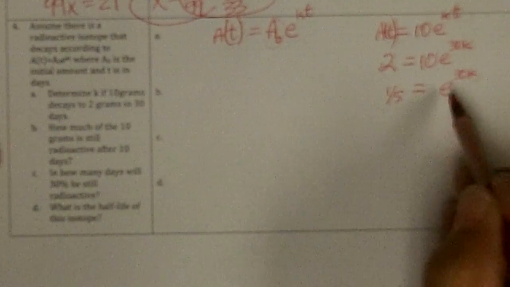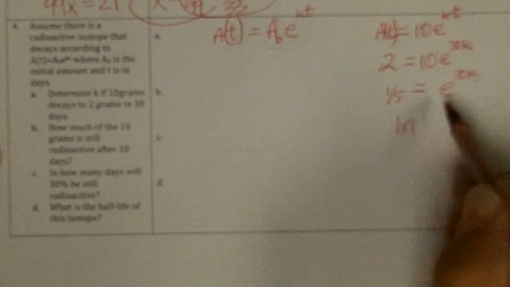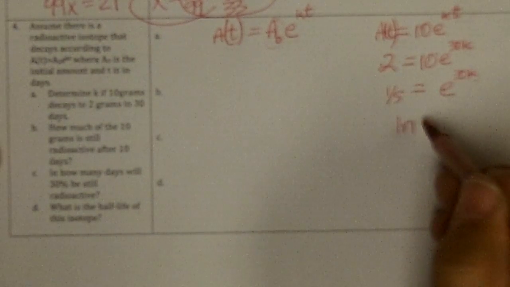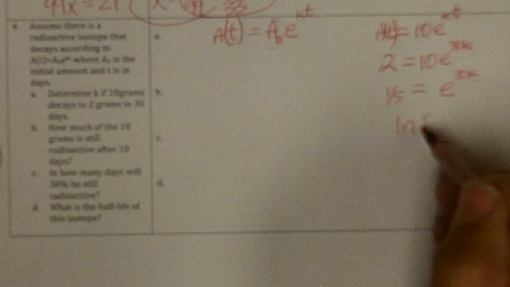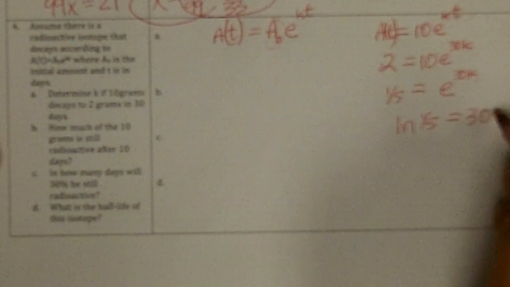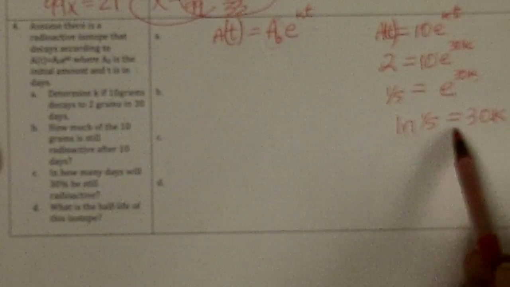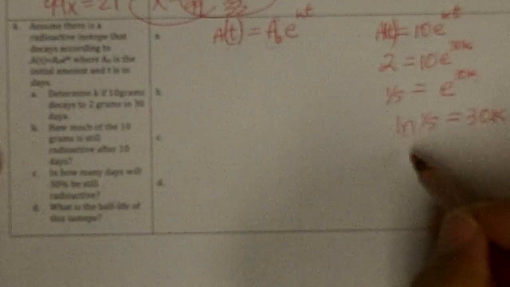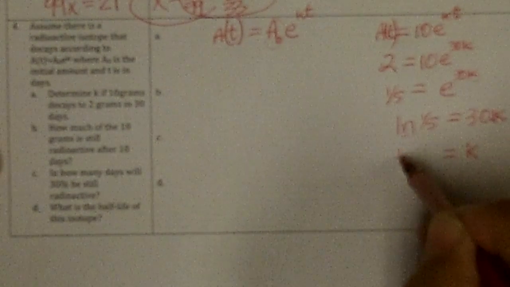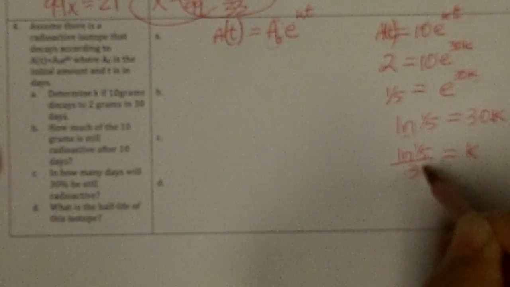This says, to what power do I take e, so that's ln, to what power do I take e to get 1/5? And the answer is 30K. So I'll take and divide by 30 on both sides, and I get K to be ln of 1/5 over 30.